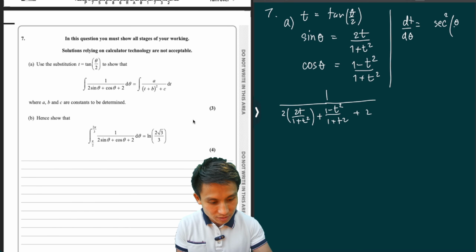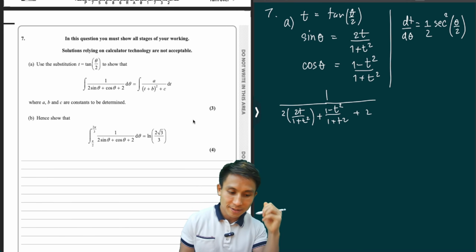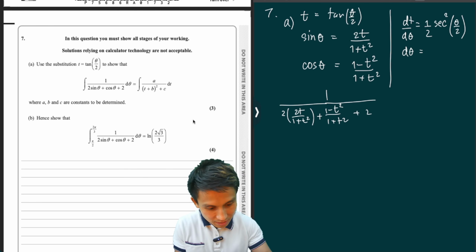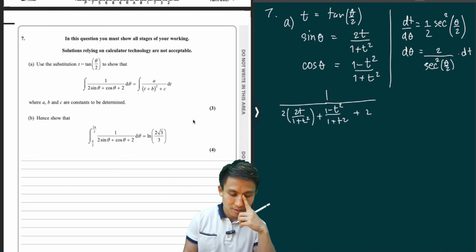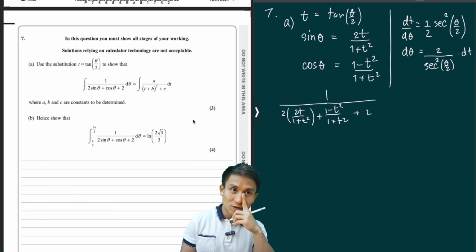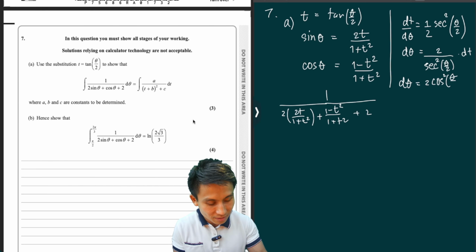So sec squared theta over 2 times a half. That means d theta as the subject would be 2 over sec squared theta over 2 dt. But sec squared is 1 over cos squared, so d theta is just 2 cos squared theta over 2 dt.